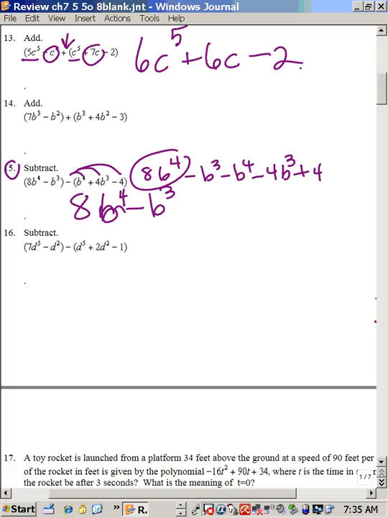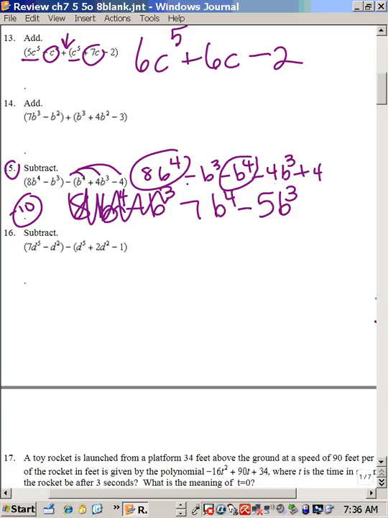Time out. There is another b to the 4th, so I'm going to take this 8b to the 4th and minus this b to the 4th. Let's make a do-over. So that's 7b to the 4th minus 5b to the 3rd and plus 4.